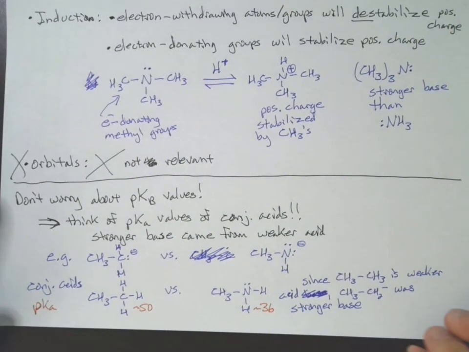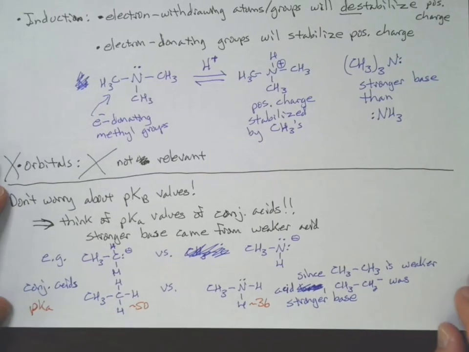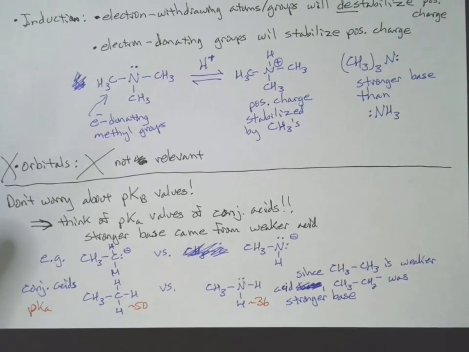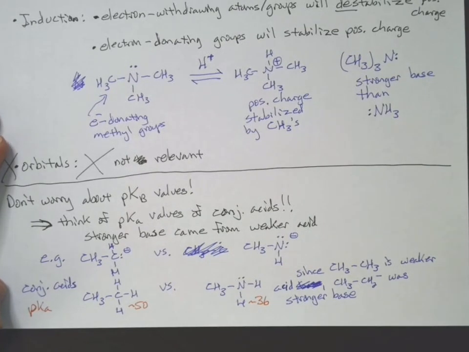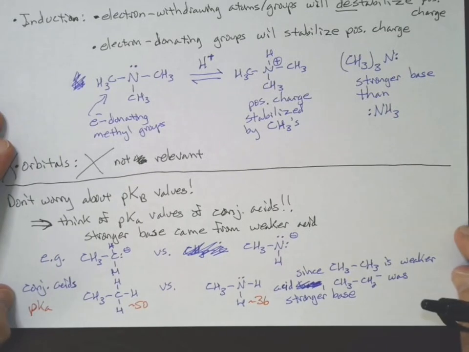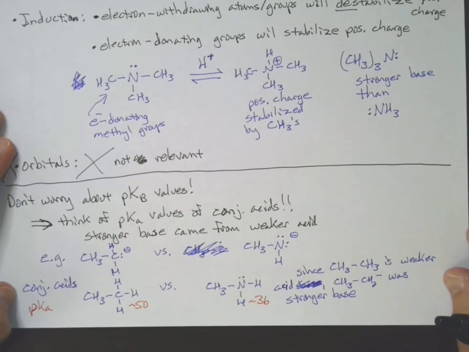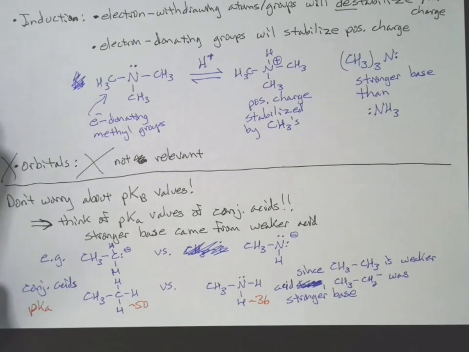So you can use pKa tables to figure out relative base strengths for the conjugate species. The pKa tables are for acids, but whatever is a weaker acid in the pKa table came from a stronger base. If you drew the conjugate bases, you'd see that the weaker acid came from the stronger base, and the stronger acid came from the weaker base.